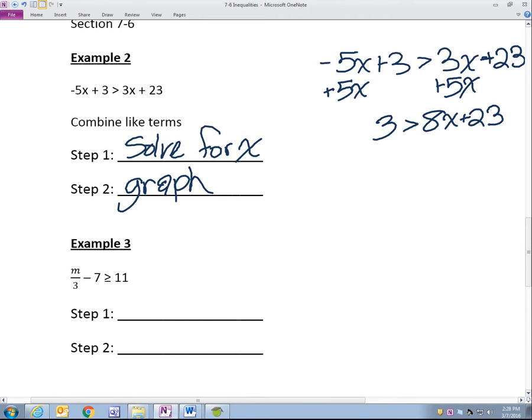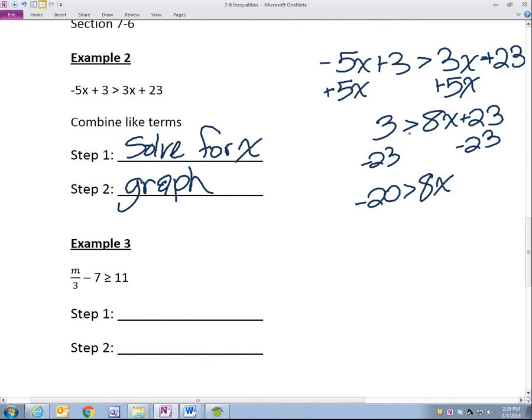People who have been making big errors on their homework are the ones who are not doing this. The last one that we have for the examples today takes a really long time to do, but I expect you to have all those steps, every single one. Now I have to subtract 23 because I want to get the variable by itself, and that will be negative 20. Notice how this inequality symbol did not change, because I'm not multiplying or dividing by a negative.